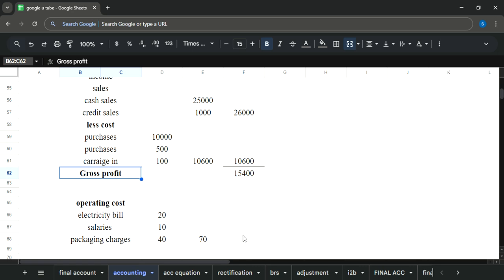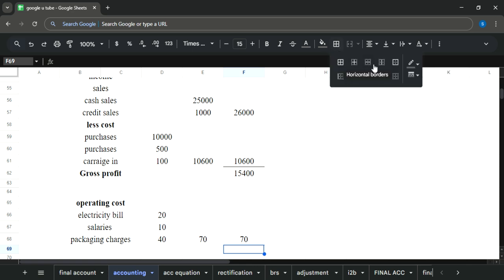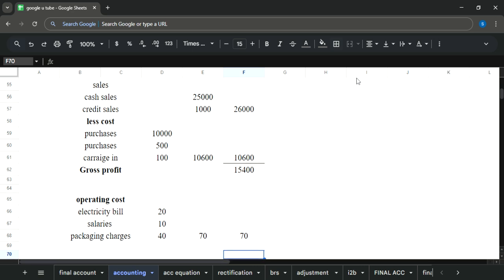So here what you will do, you will say that these 70 are the charges which are important as well. So here you will be calculating your final profit. You may call it your net profit, but here we are calling it final profit.